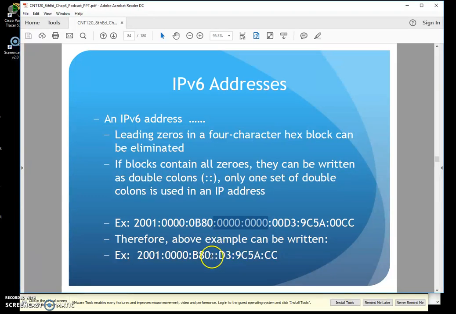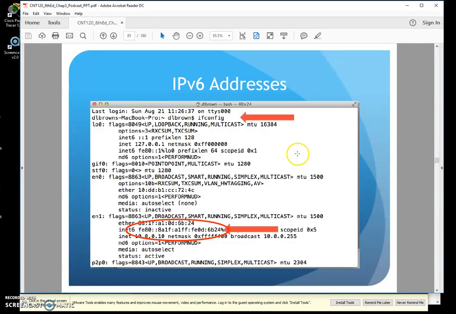I can abbreviate that by putting a double colon and saying, hey, these blocks in here were all zeros. I can only do that one time, but if I have a big long block there, I can minimize those. So here that shows you 2001, dropping those extra zeros, dropping the leading zeros here, and I make my IPv6 address a little shorter, a little more compact to deal with.